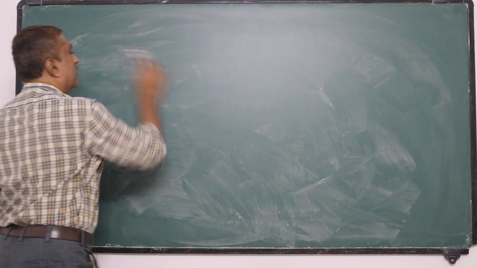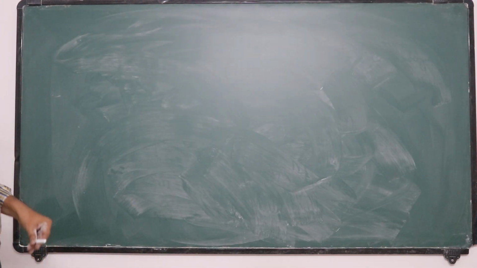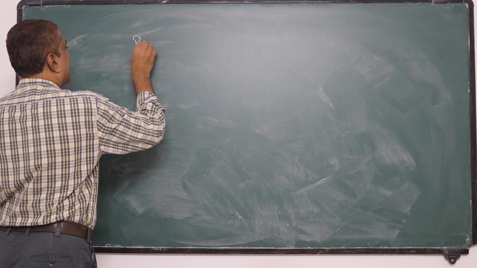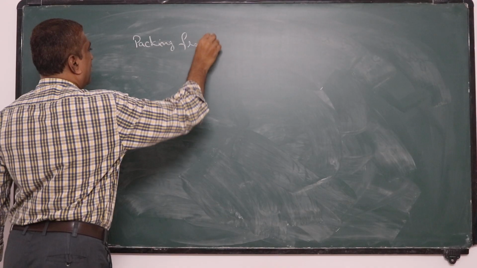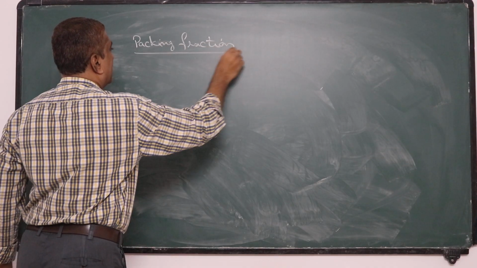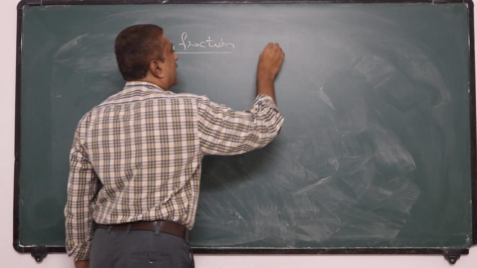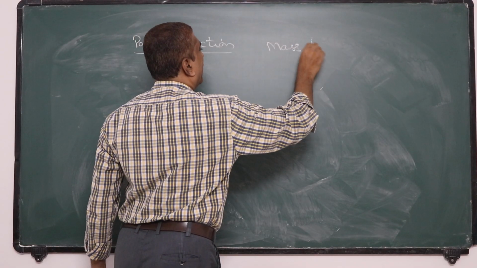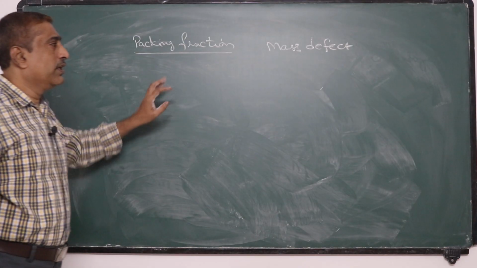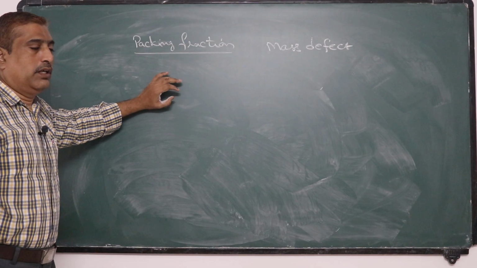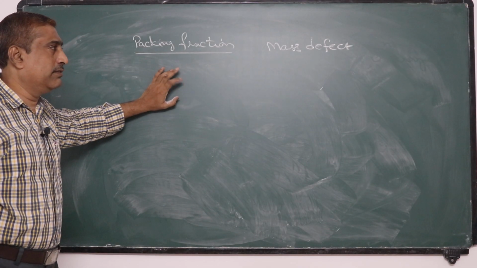Now we define two definitions. Packing fraction is defined as the mass defect per nucleon. Mass defect is the difference between the calculated mass and the original mass of the nucleus.